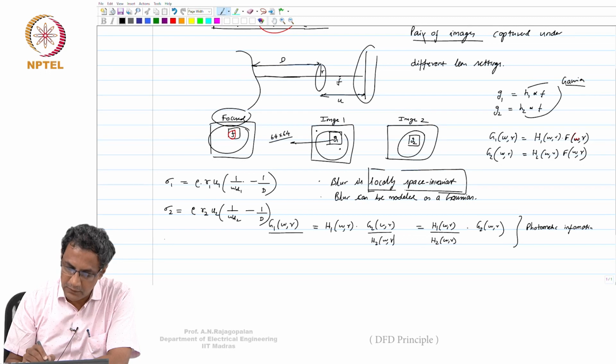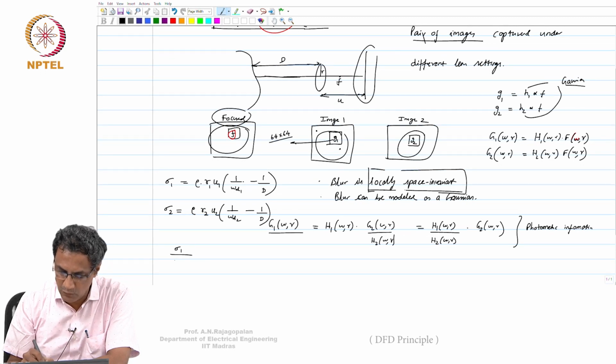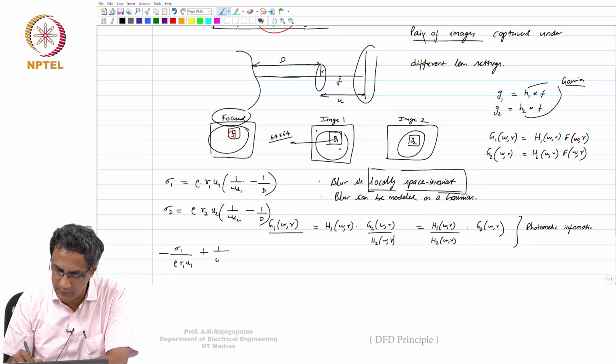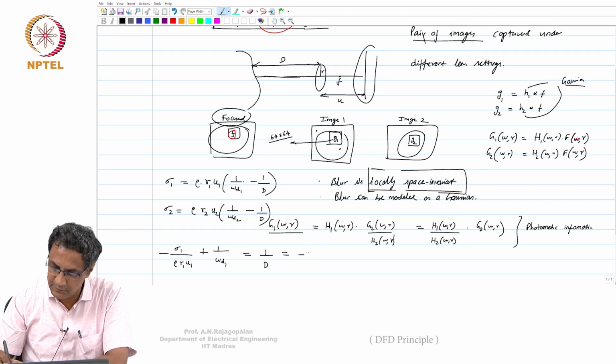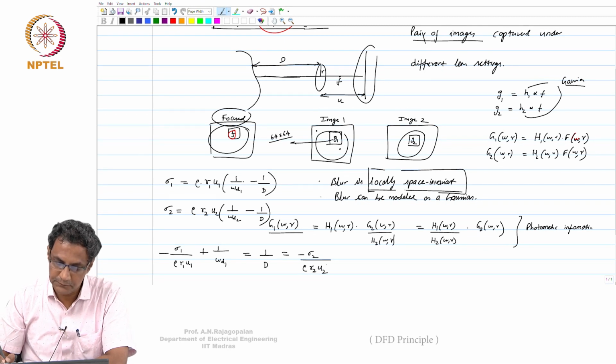Then we can write sigma 1 by rho R1 U1 is equal to minus of this plus 1 by omega D1, which is equal to 1 by D, and that is also equal to sigma 2 by rho R2 U2, minus of this plus 1 by omega D2.